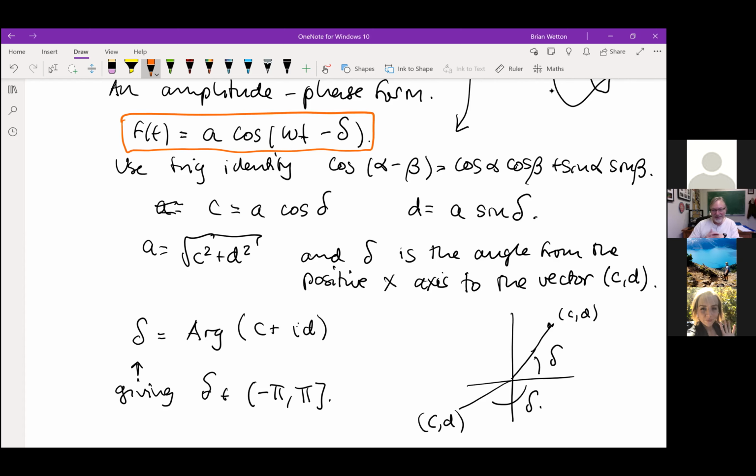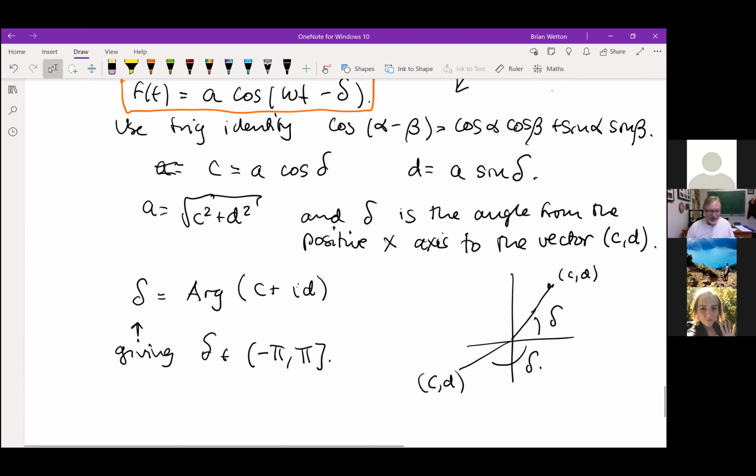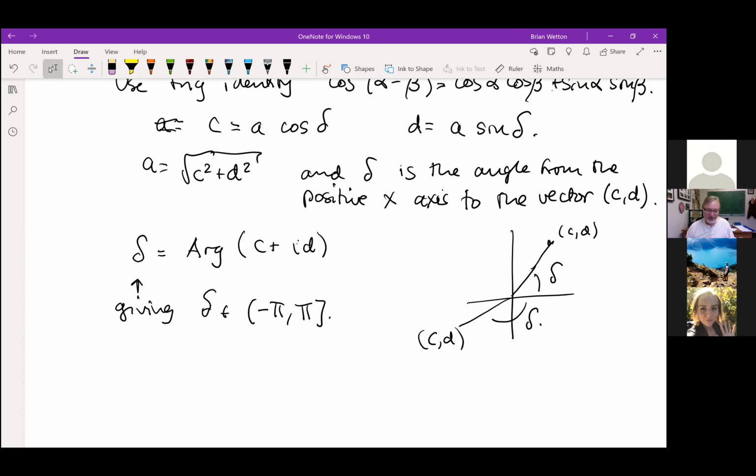So, just as a warning, depending on what group you end up working with, you may have to retool what you think of as amplitude phase form. Oh, the other thing that can change is sometimes they want delta going from 0 to 2 pi instead of minus pi to pi, right? So if you work with different groups, you may have to do some extra conversion.